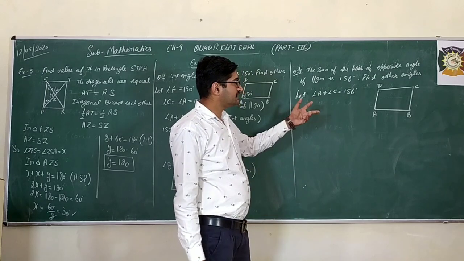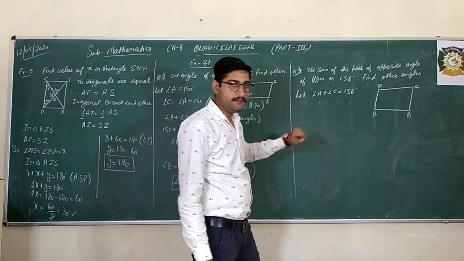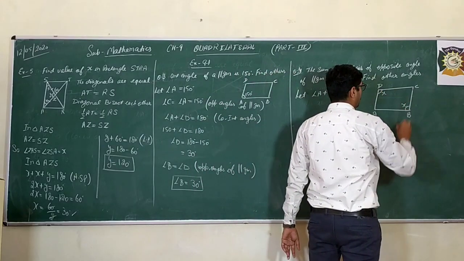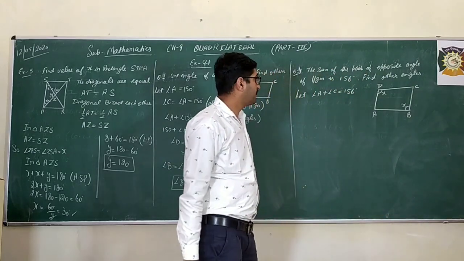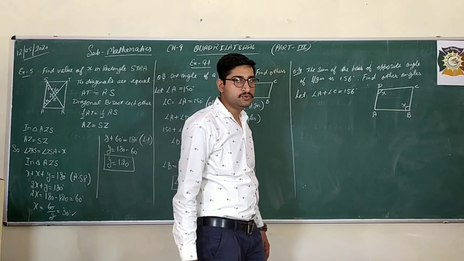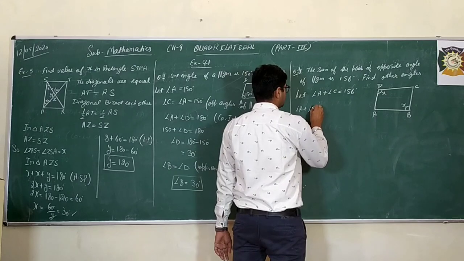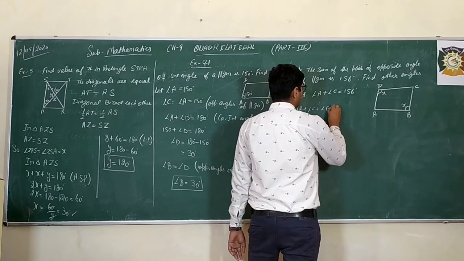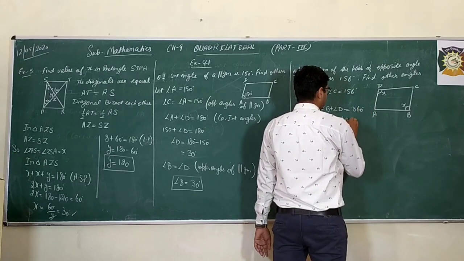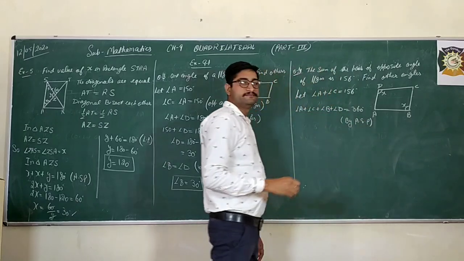And we know that the other pair of opposite angles will also be equal. So let's say if this angle is x, then this angle will also be x. And according to angle sum property of a parallelogram, the sum of all the four angles is equal to 360 degrees. So angle A plus angle C plus angle B plus angle D is equal to 360 degrees by angle sum property.